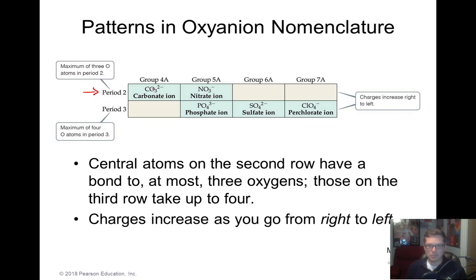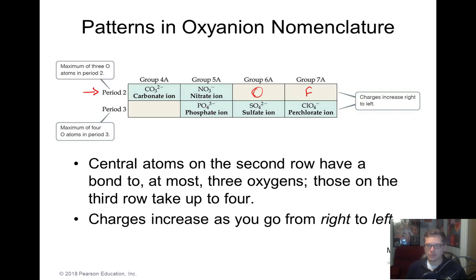The maximum number of oxygens that anything in the second period has is 3. There's no CO4. Notice that we don't have anything for oxygen itself, because it doesn't make sense for oxygen to form an oxyanion with oxygens attached to itself. And in group 7, fluorine is way too electronegative. It's never going to share its electrons with oxygen, so that never happens.